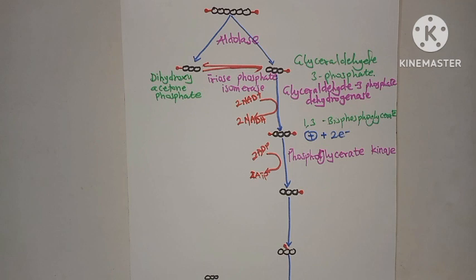So in this case, it is phosphorylating ADP and getting its phosphate from the 1,3-bisphosphoglycerate, giving it to ADP to make ATP.